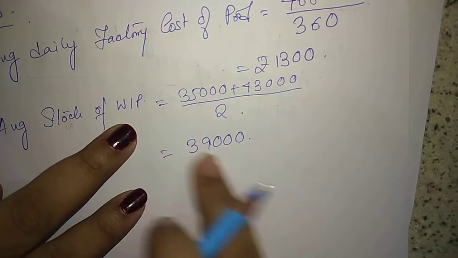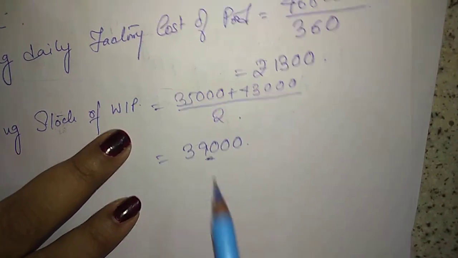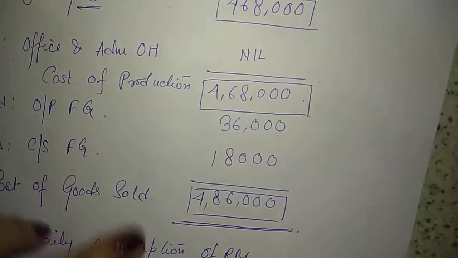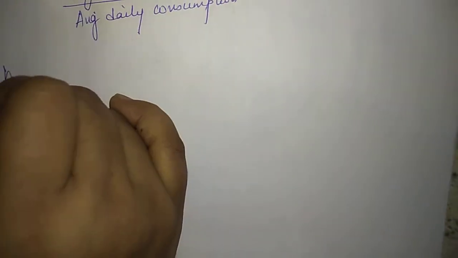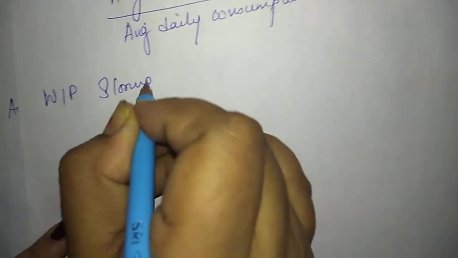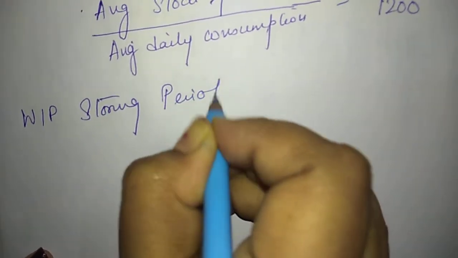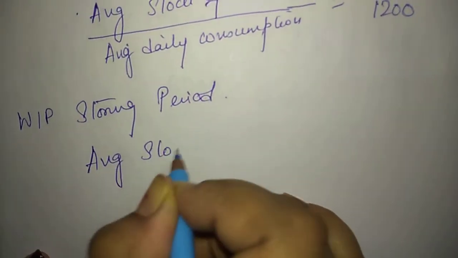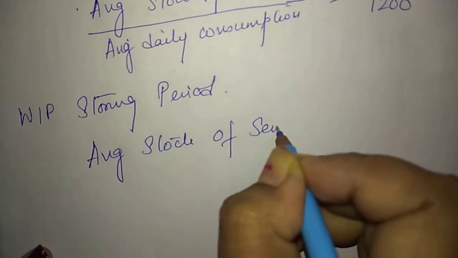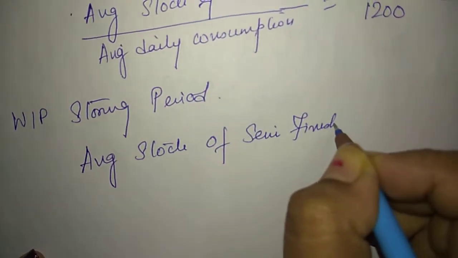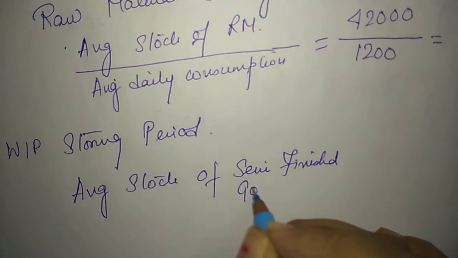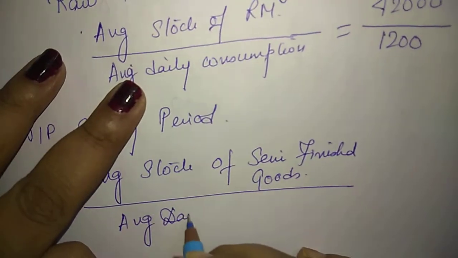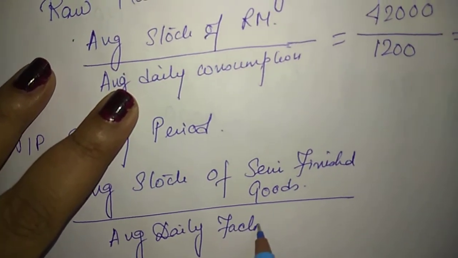On average, you are supposed to keep a stock of this much amount of WIP, and each day you have this much amount of WIP. So WIP storing period is average stock of semi-finished goods divided by average daily factory cost.